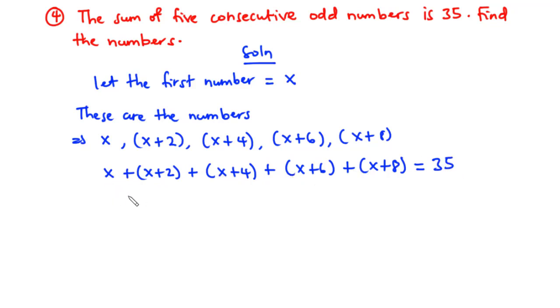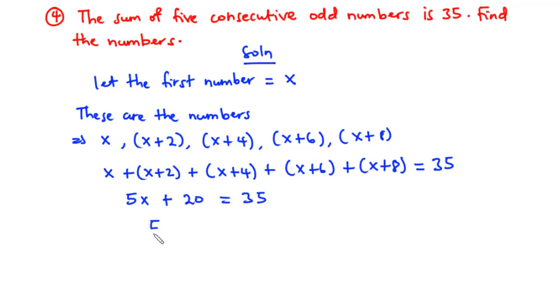So we have 5x plus 2 plus 4, 6 plus 6 is 12 plus 8 is 20 equals 35.